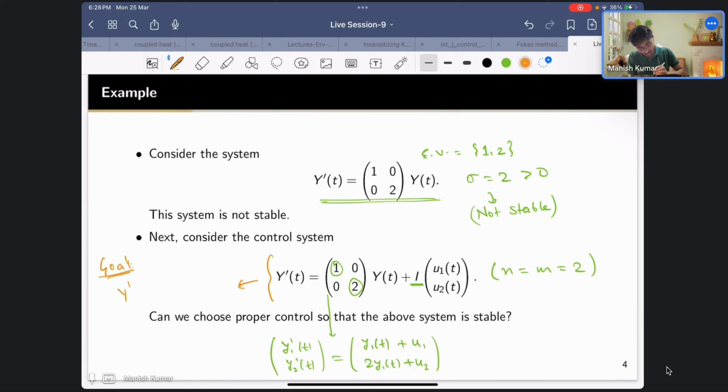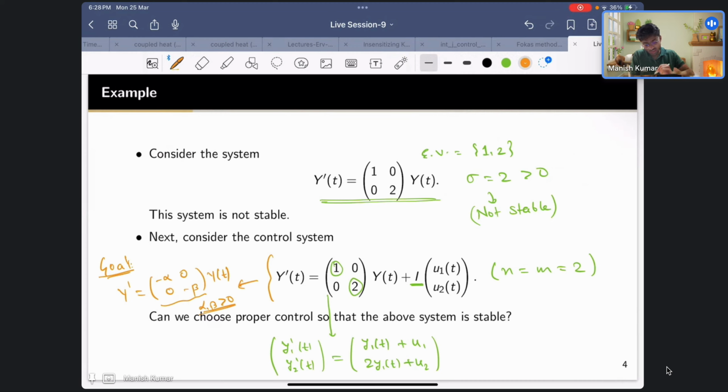What you wanted, the goal is to bring it to a system of something like minus alpha 0, 0 minus beta, this kind of thing, so that the eigenvalues of this matrix would be shifted to the negative real values. So over here alpha and beta are positive, so you want to shift it to the negative side, and whatever alpha and beta you choose, accordingly the matrix K will change, right?